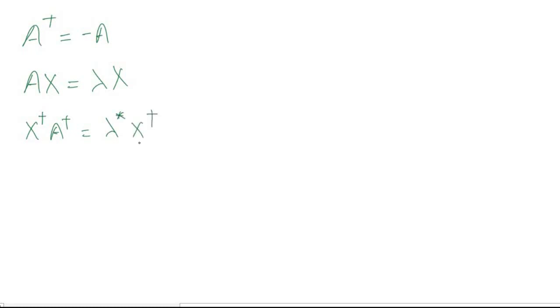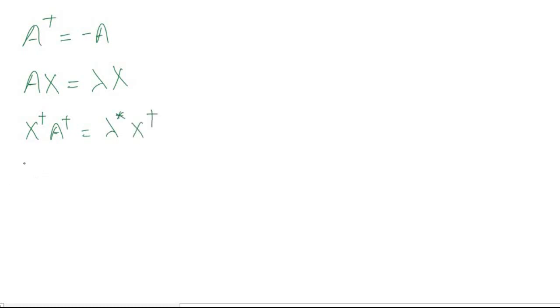So let us have an anti-Hermitian matrix. This means A dagger is minus A. Let me write the characteristic equation, Ax is equal to lambda x. Again doing the same thing, taking the transpose, it will be x dagger A dagger is equal to lambda star x dagger.